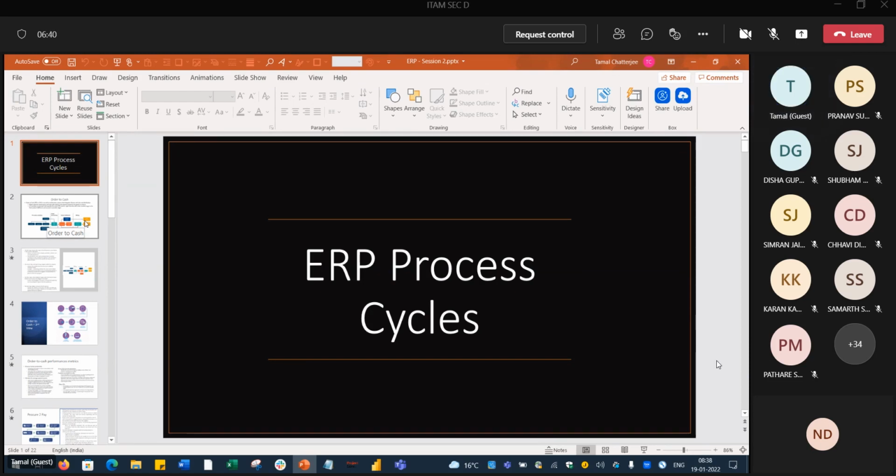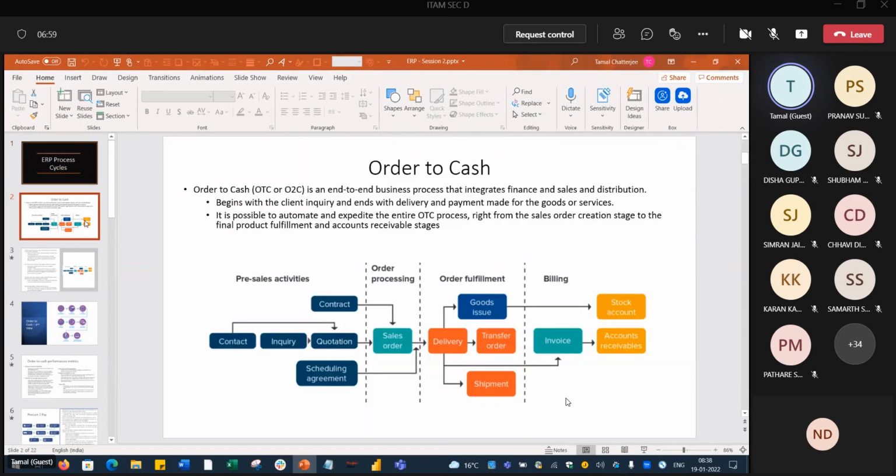After that we moved towards the different business processes that ERP implements. The most important process is order to cash, that we have already seen.